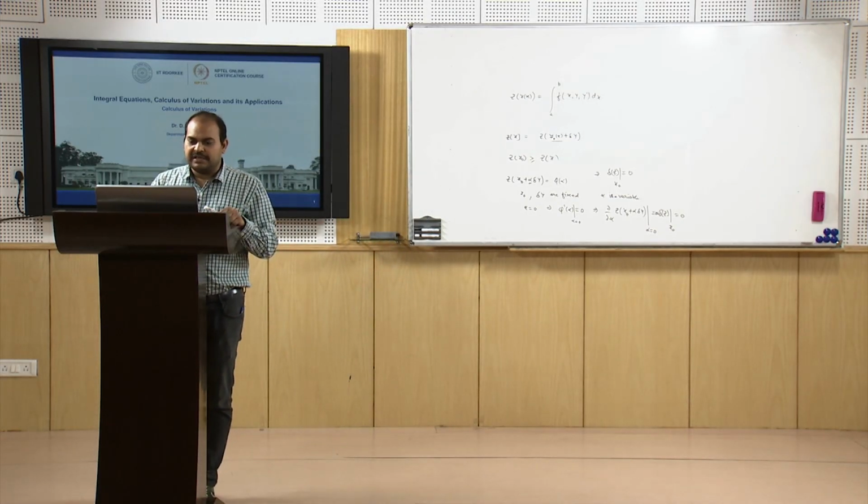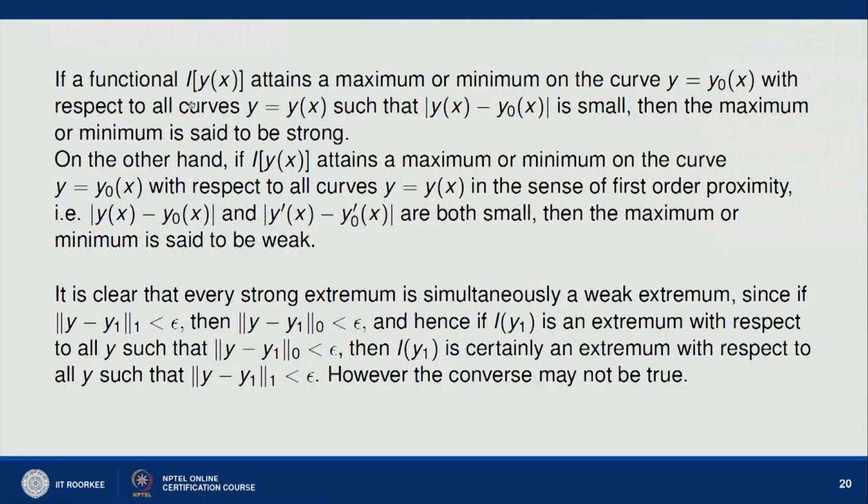Next we can say that if a functional I of y of x attains a maximum or minimum on the curve y equal to y naught x with respect to all curves y equal to y of x such that modulus of y of x minus y naught x is small, then the maximum or minimum is said to be strong.